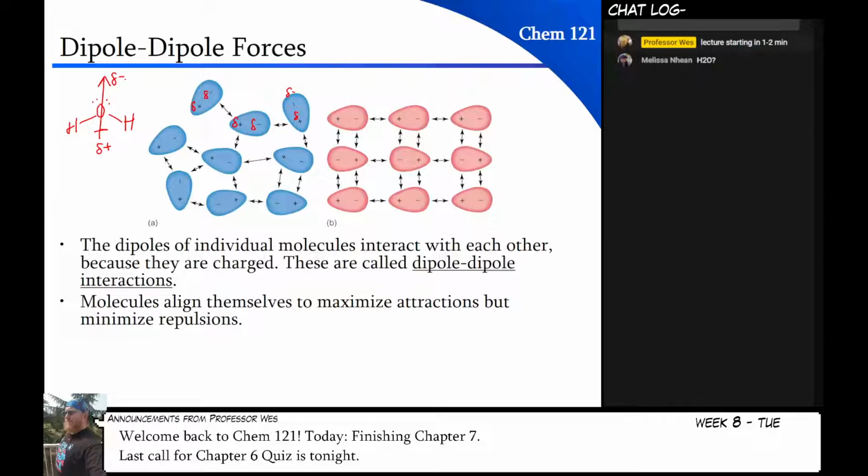So all the positives are as far apart from neighboring positives as they can be. In the solid phase, the molecules are able to do that very, very neatly, because that's what a solid is. It is an orderly arrangement of atoms or molecules. In the liquid phase, they're doing their best. They're trying.